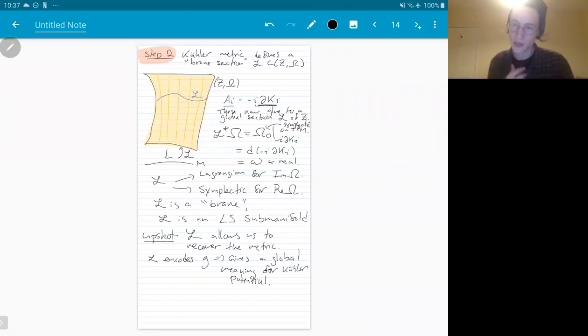Does that make sense? And then the next step here is I'm using this defining fact of the symplectic form on the cotangent bundle, that if you look at the graph of a one form and you pull back the symplectic form, it gives you D of that one form.